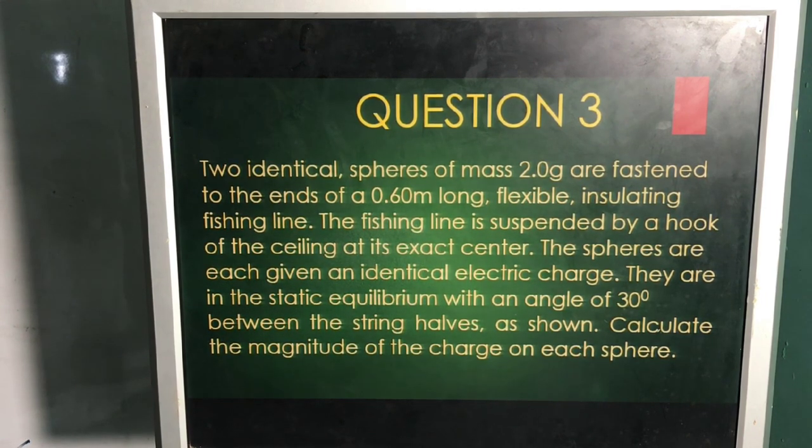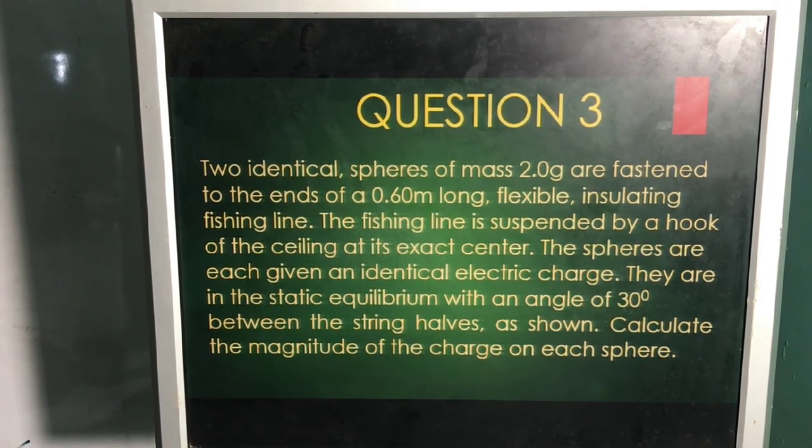The spheres are each given an identical electric charge. Identical electric charge, that is very important. They are in static equilibrium with an angle of 30 degrees between the string halves as shown.